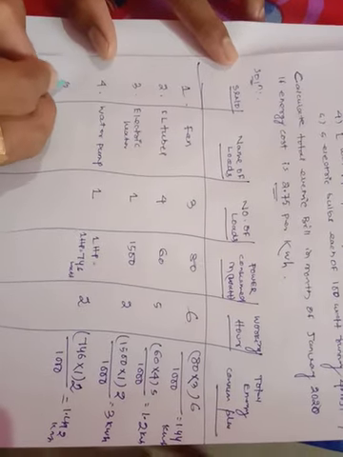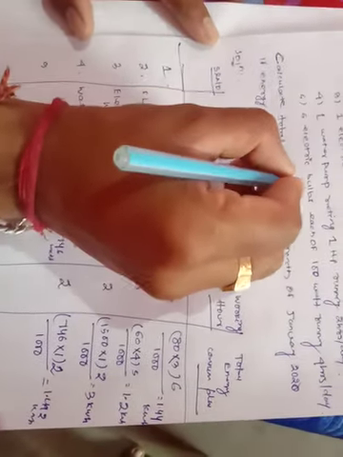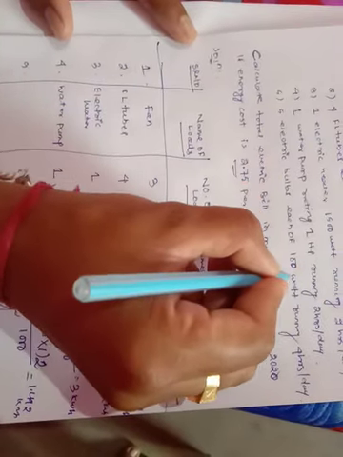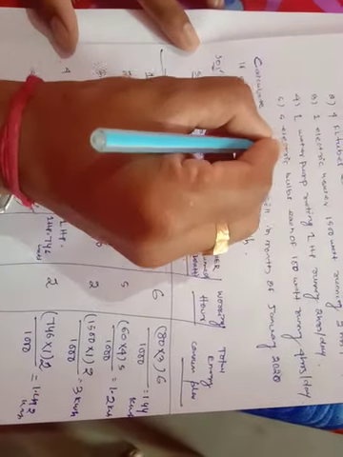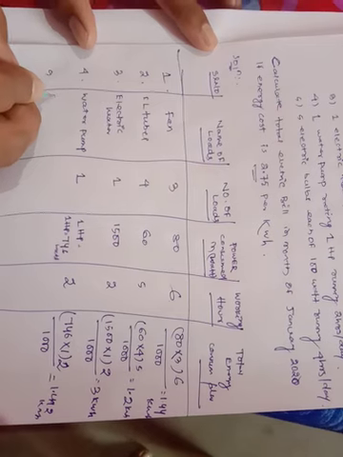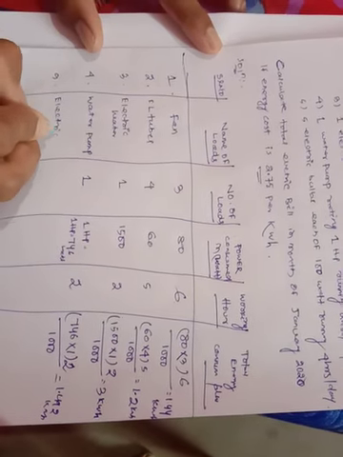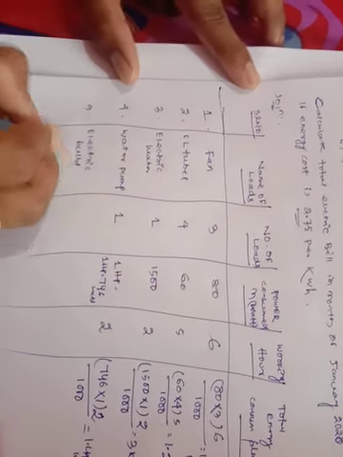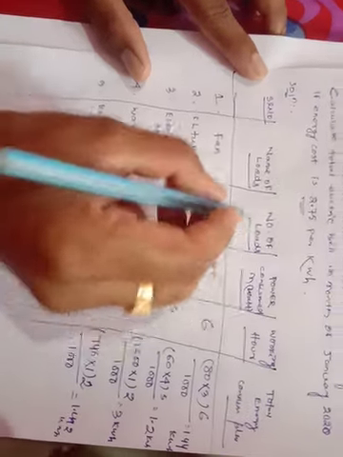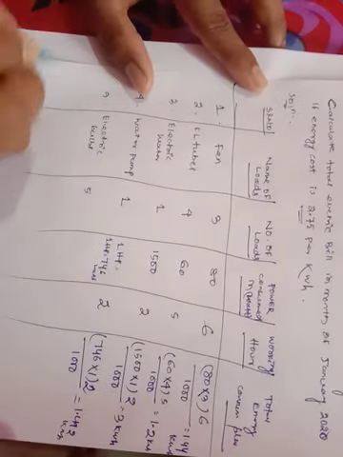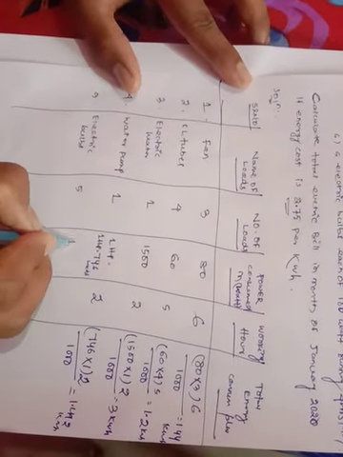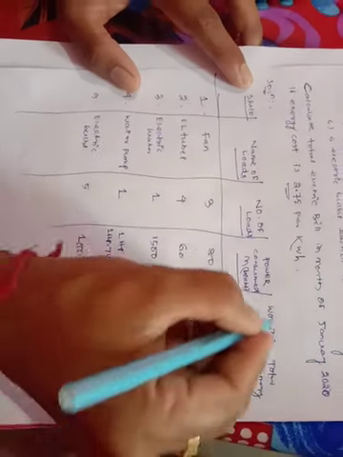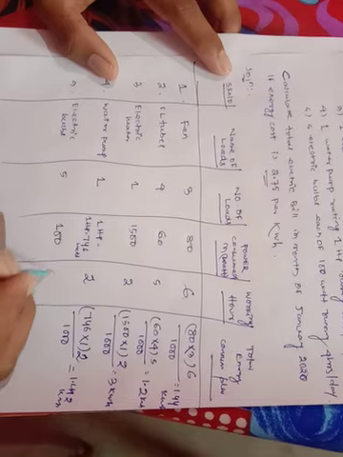The rest is the 5 electric bulbs each of 100 watt running 4 hours per day. The name of the load is electric bulbs, number of loads 5, power consumed 100 watt, working hours 4 hours per day.